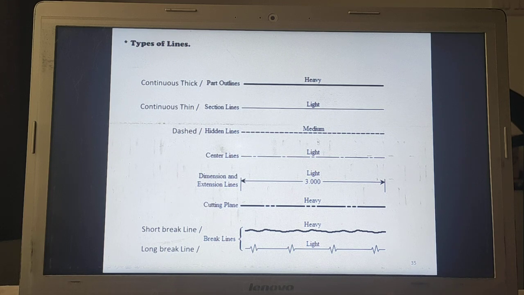As you can see, there is a missed portion in between, so this is the hidden line. Then the center line, which is a light line. Then dimension lines, cutting plane. Then break lines are there. Very first is the short break line, and this is the long break line. This long break line you might have used while plotting any sort of graph. So you are aware of this line.